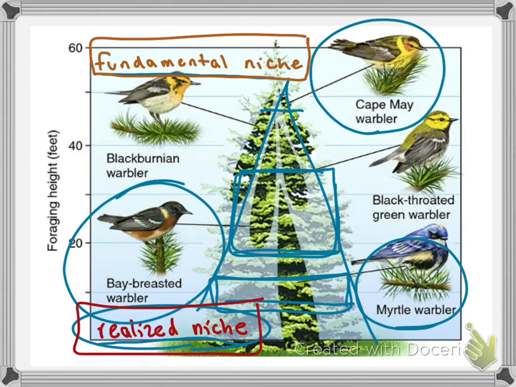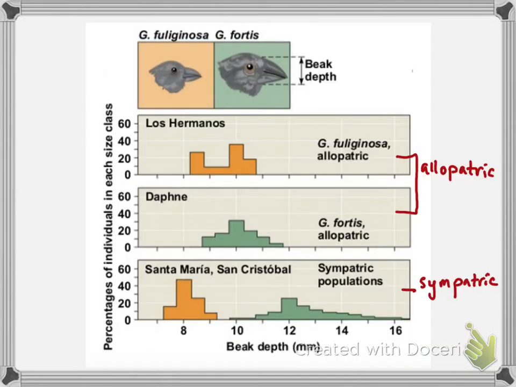cause of this competition. So closely related species whose populations are sometimes allopatrically or geographically separated, and sometimes sympatrically or geographically overlapping, provide even more evidence with competition within communities.